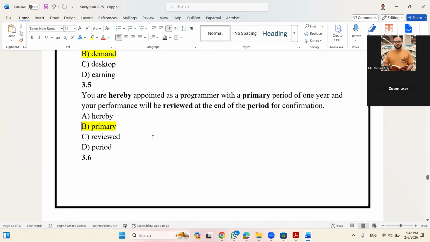Do you know what a probation period is? Probation period, which is the trial period. You are hereby appointed as a programmer with a probation period of 1 year. And your performance will be reviewed at the end of the period for confirmation.